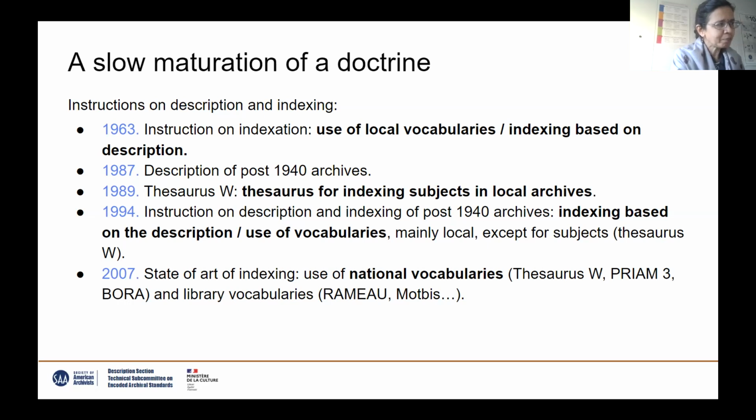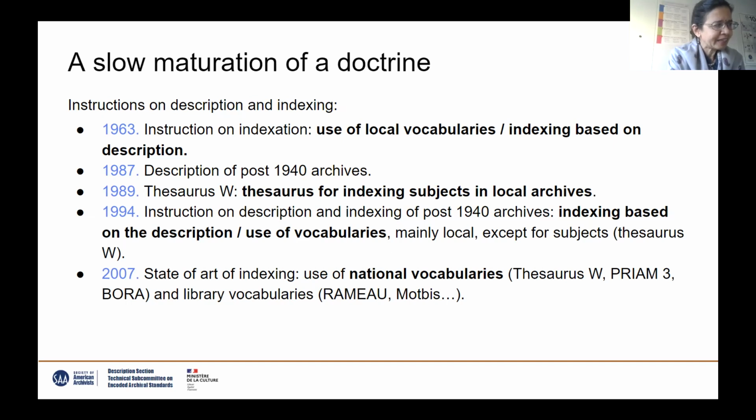Indexing, mainly of persons and places, has been perceived since the 19th century as a simple means to direct a reader among the numeric finding aids. But it flourished in the 1960s with a new type of finding aid, the detailed numeric inventory, which included indexes and some principles still in use today, as shown by the multiple published instructions by the SIAF.